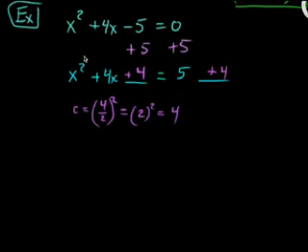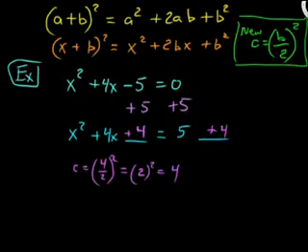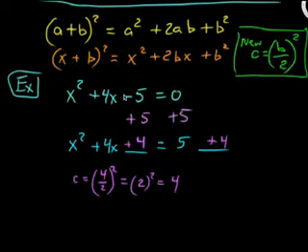So this is now a perfect square trinomial that factors according to that pattern. I don't have to check to see if it matches the pattern, because I made it match. When it factors, it will be x plus something, squared, and that something is whatever I had before I squared it.